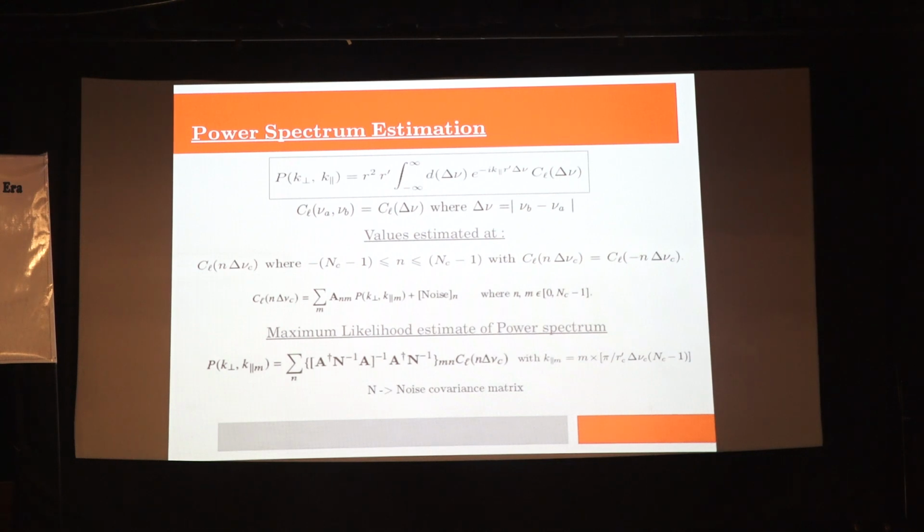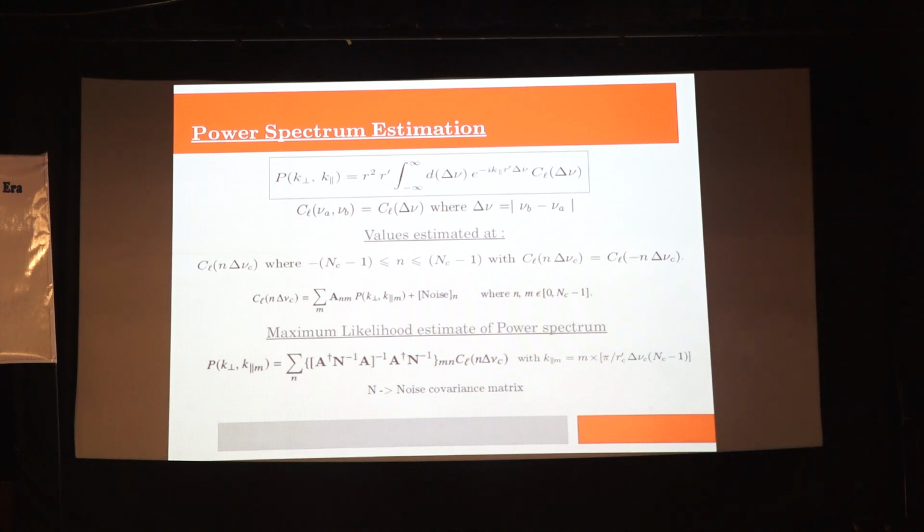Now, since the power spectrum is related to the multi-frequency angular power spectrum through a Fourier transform, we can discretize this, invert it, and write it in matrix notation like this, where this A matrix contains the Fourier coefficients, and the noise is the additive noise in the measured values of C_L(delta nu).